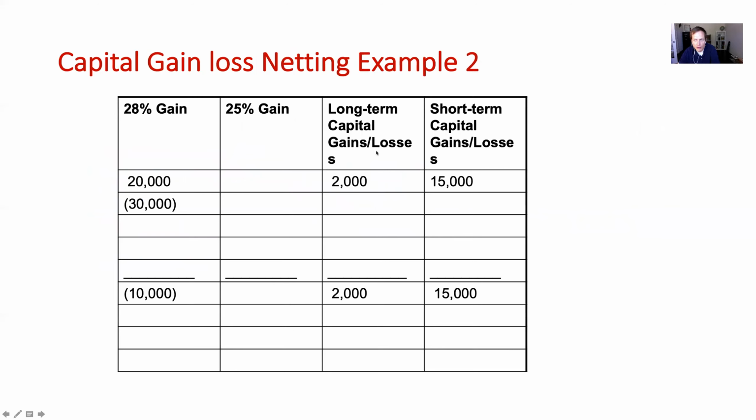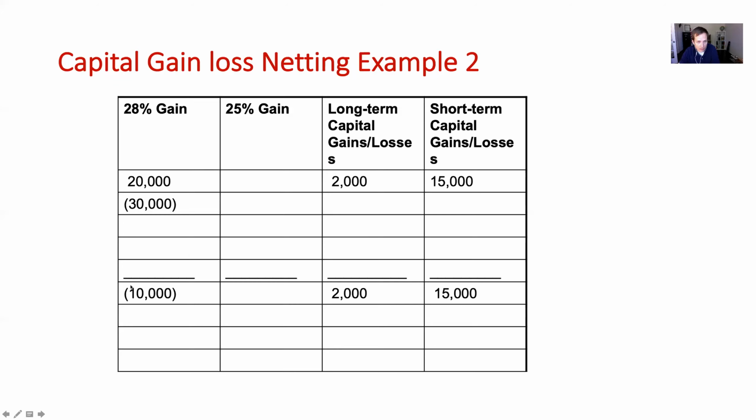So I think it's helpful to make, like I said, a little table where I go highest to lowest long term and then short term. So what I want to do is, I had a gain and a loss here, and so I want to net them so I just get one number in each category. I'm always going to start at the highest on the long-term side, and I have a loss here. If I had a gain, I would just leave it and move on, but I have a loss.